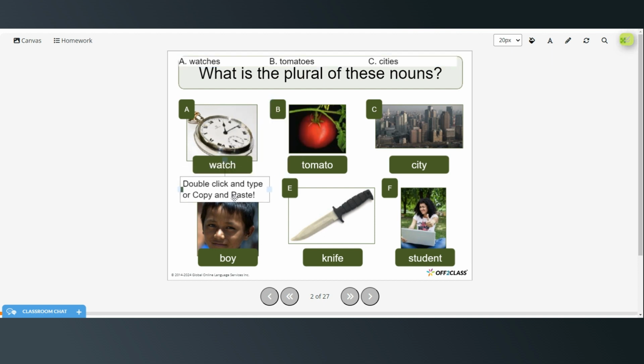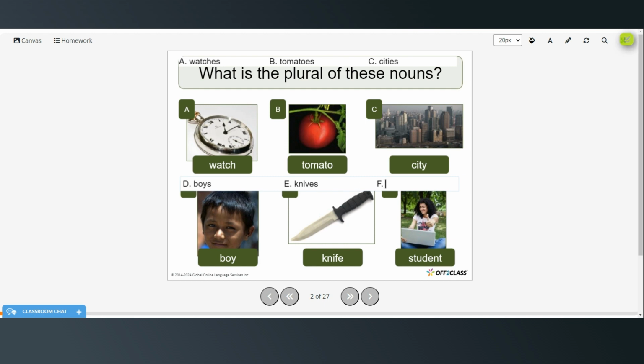Okay, for letter D, we have a vowel and a Y, so we just add an S, boys. And for letter E, we have an FE, so in order to form the plural, you remove the FE and replace it with VES, knives.